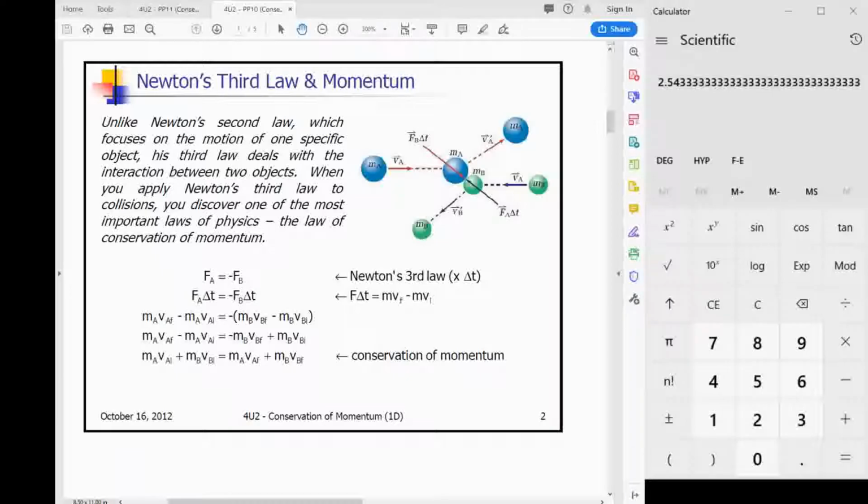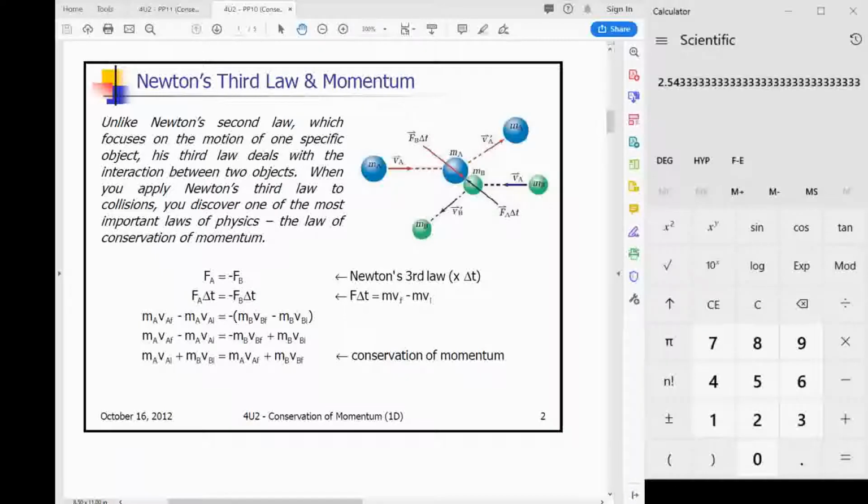So rearranging this equation to get rid of the negatives on both sides of the equation, you move the negative mavi to the right side and move the negative mbvbf to the left side.